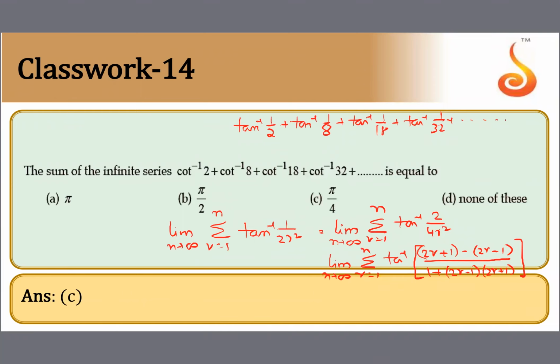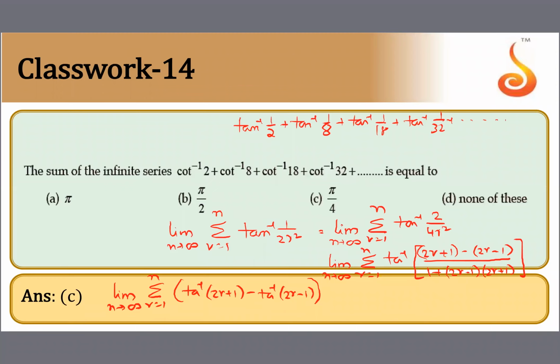Minus 1 plus 1 will cancel. You get 4r square. So this can be written as limit n tending to infinity, summation r equal to 1 to n, tan inverse 2r plus 1 minus tan inverse 2r minus 1.